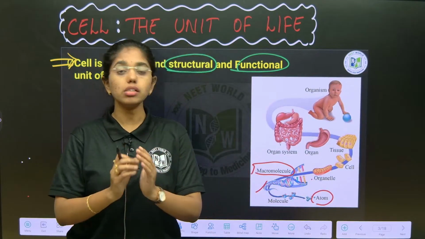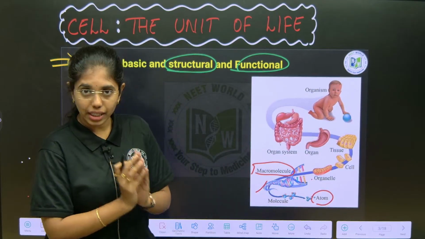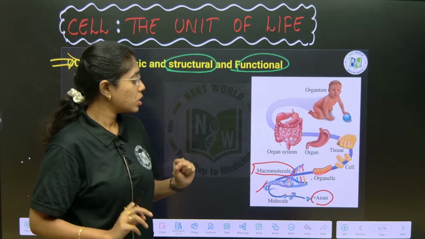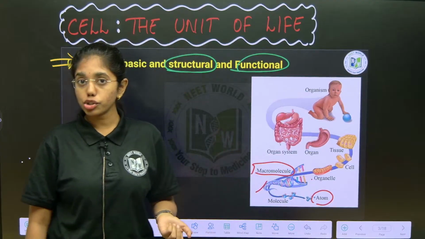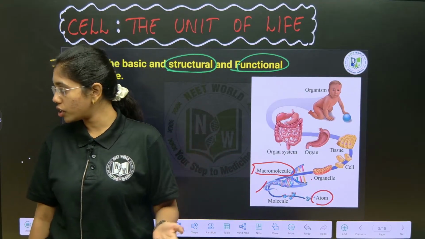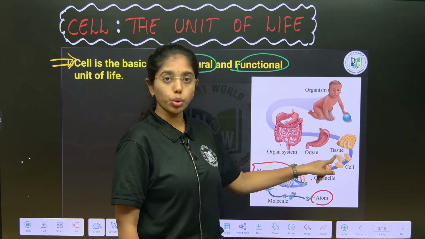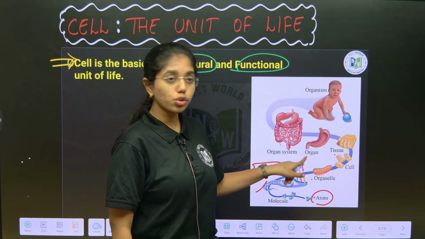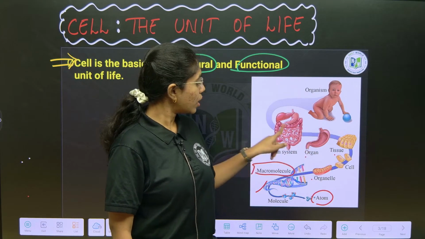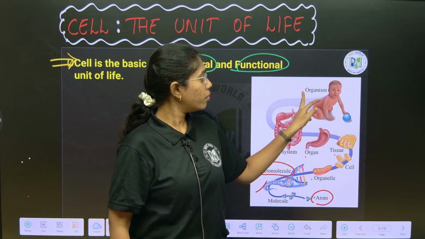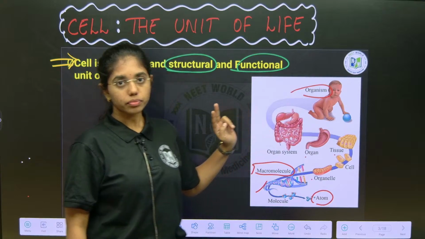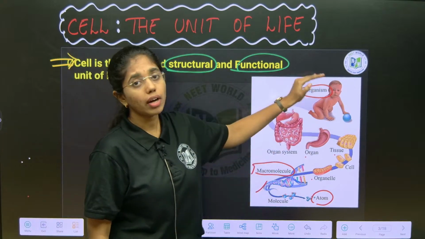Cell organelles are constituted inside the cell. A cell consists of cell organelles, and a group of cells which are similar in structure, function and origin form a tissue. Tissues organize to form an organ. Organs organize to form organ systems. A group of organ systems makes an organism. This is the level of hierarchy.